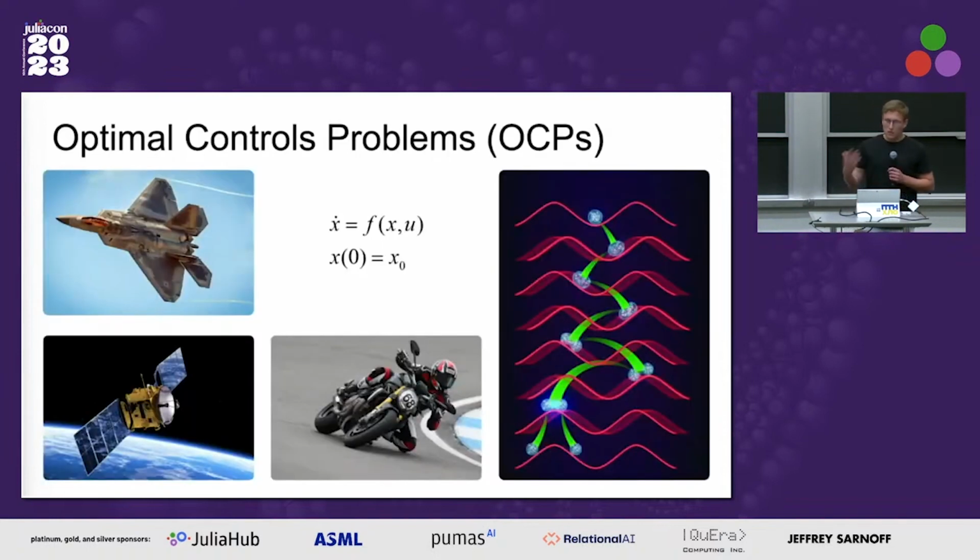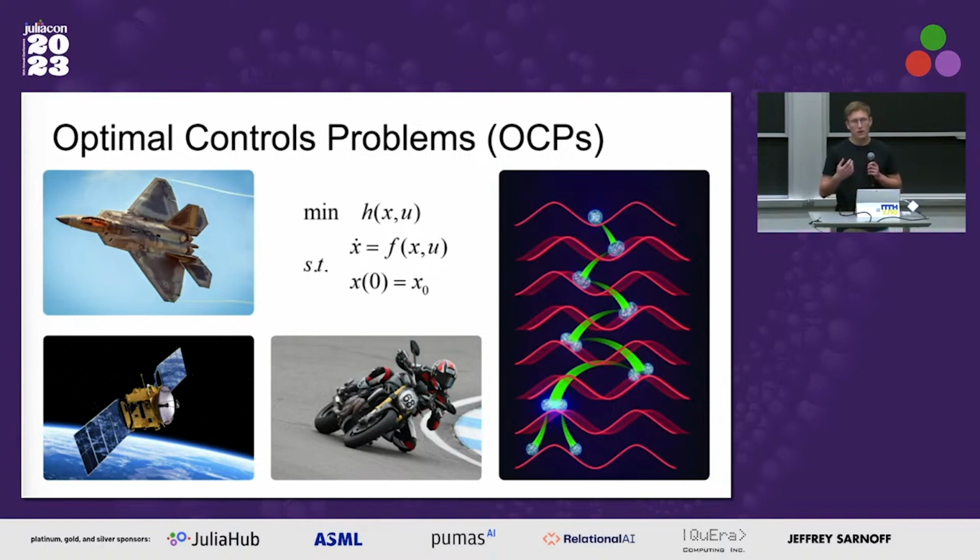So in the field of controls engineering, we are interested in dynamical systems. These are things that have equations that govern them that generally take this form, like x dot equals f of x, u. So some states that evolve in time and some external inputs that we can interact with the system. Specifically, we want to ask questions of optimization on these systems, such as how can a racing bike corner the fastest?